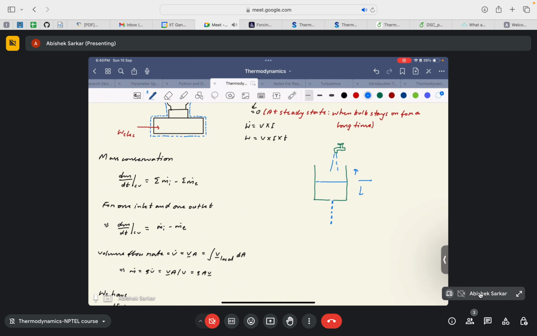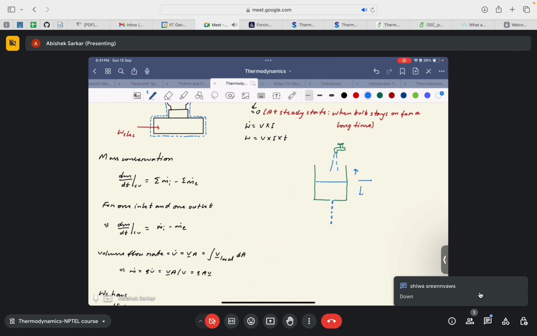You can write in the chat box. This was discussed by Professor Anand in the lectures. Okay, so down, water level would go down.